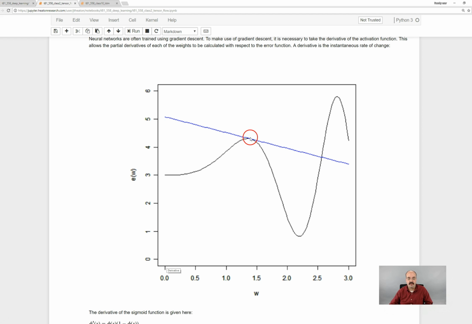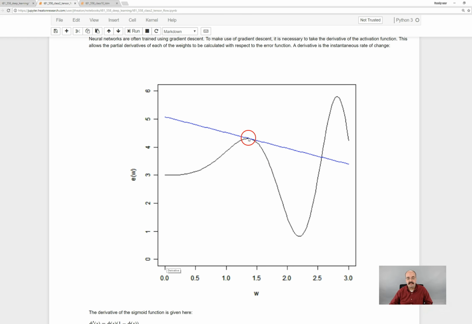But if you take the derivative, you can get the slope of this error function at that point. And you can see from that slope, that blue line is the derivative, that it's starting to point downward. This slope that you have here would be a negative slope. So you need to add to the weight. You always flip the sign of the slope to know what to do to the weight.